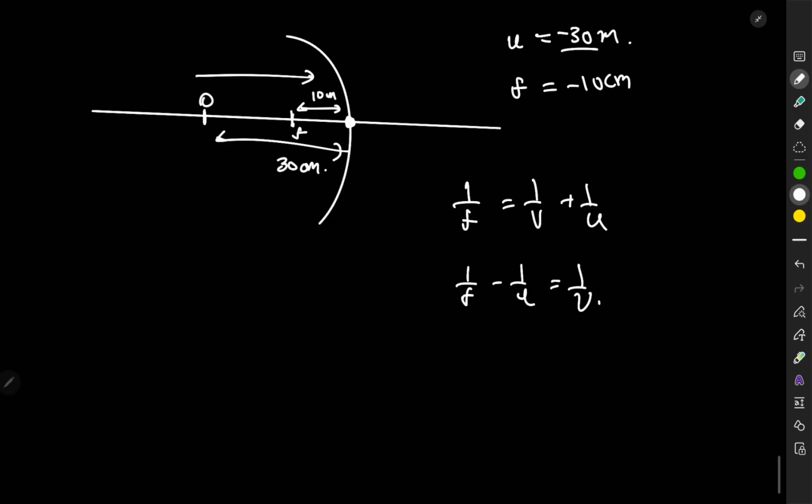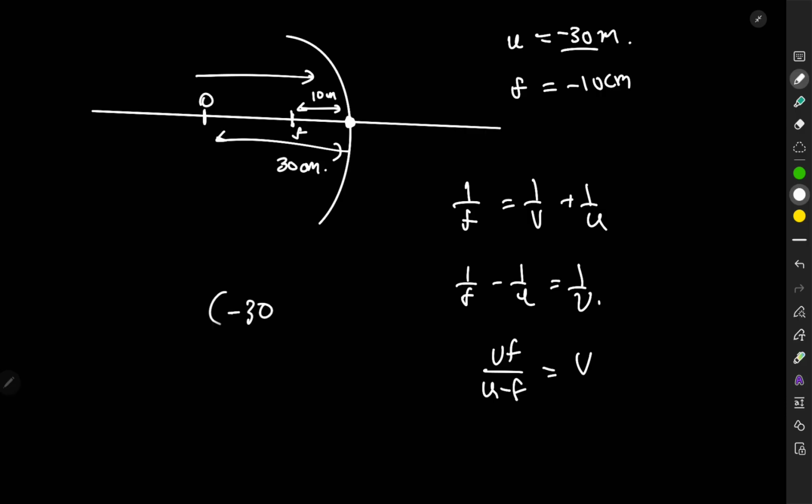So again multiply, u minus f by uf. Taking the reciprocal, v is uf by u minus f. Now just put the values and get the answer, that's it.